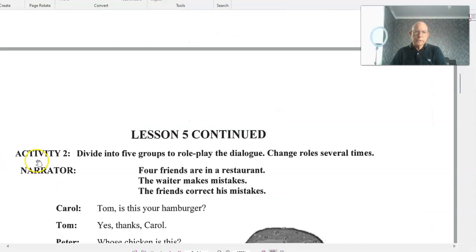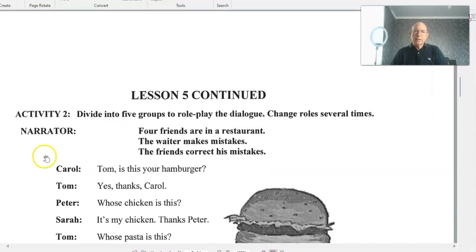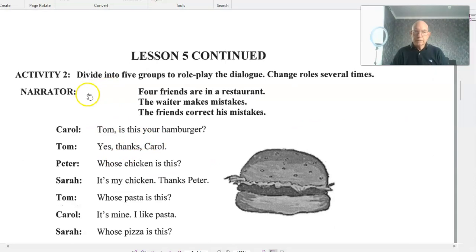So you have some questions down here. You're going to divide, this would have me divide you in groups to role play the dialogue. So you have all these people involved, they're receiving their food from the waiter or waitress, and the narrator.